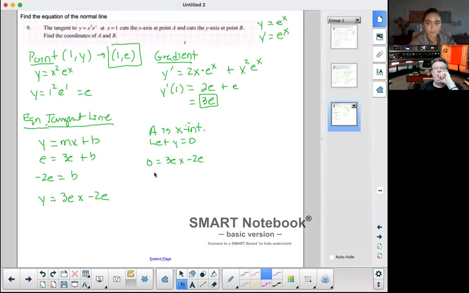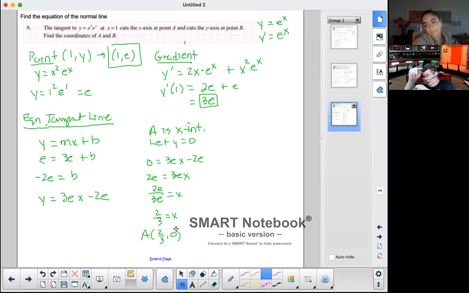So if we solve for x, 2e equals 3ex. Divide. 2e over 3e equals x. So just 2/3 equals x. Excellent. Now they asked for the coordinates, so we have to say that A has coordinates (2/3, 0). When they say coordinates, it's x and y.